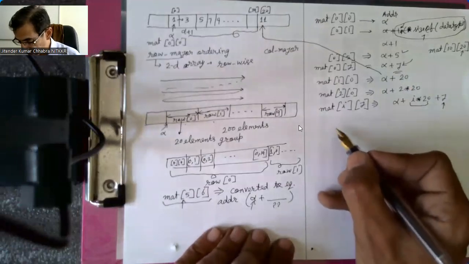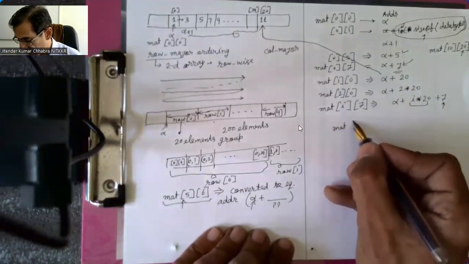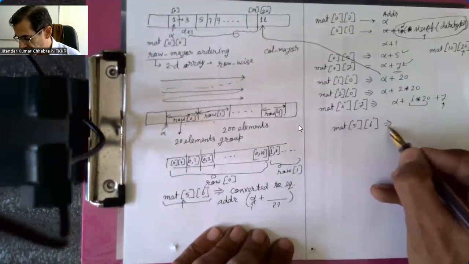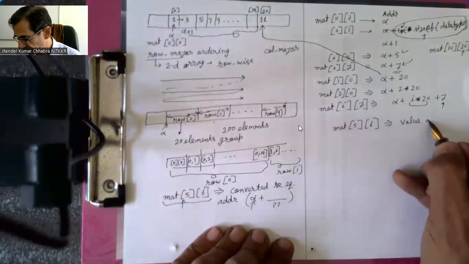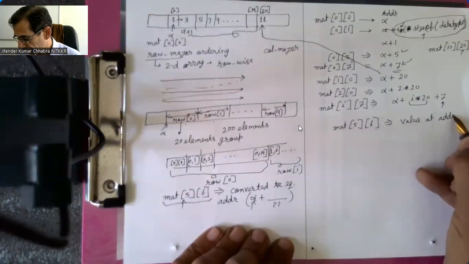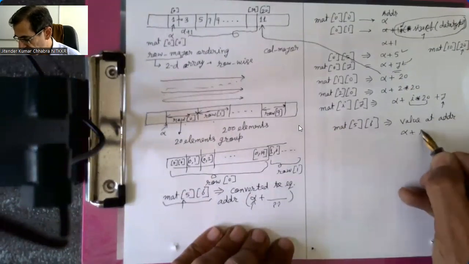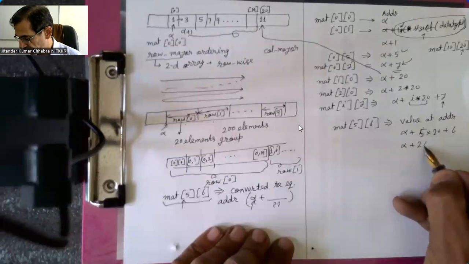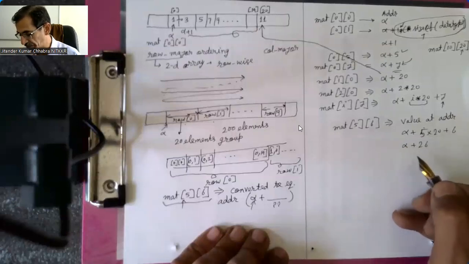So internally, if you have written somewhere mat 5, 6, it will be the value at address alpha plus 5 into 20 plus 6. That means alpha plus 26, effectively meaning 27th element.